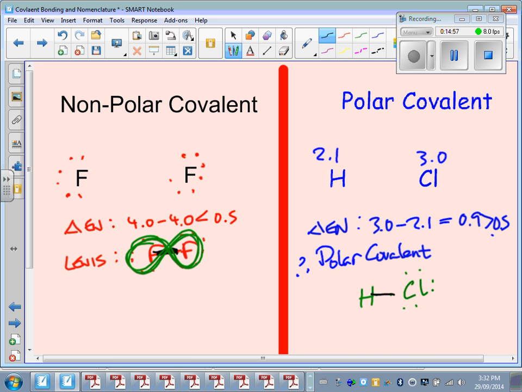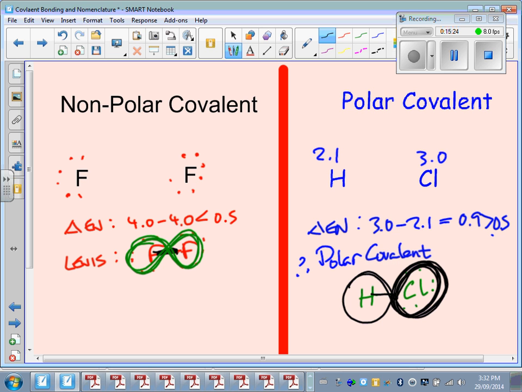The electrons are not shared evenly because the chlorine is more electron hungry. So it would look something like this. Maybe the electron takes a little bit more, and so basically the chlorine is going to want the electron more. And what that does is it creates a small charge. It's not like an ion, but it's similar.